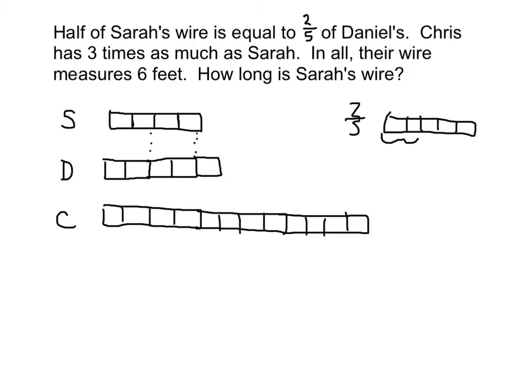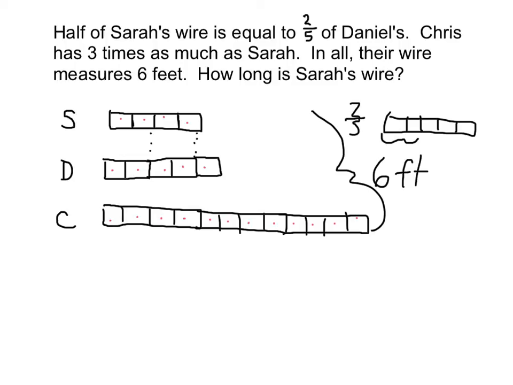We're all set. Now we know all this together is 6 feet. Well, if I count up my pieces, I have 1, 2, 3, 4 for Sarah, plus 1, 2, 3, 4, 5 for Daniel is 9, 10, 11, 12, 13, 14, 15, 16, 17, 18, 19, 20, 21 pieces in all.